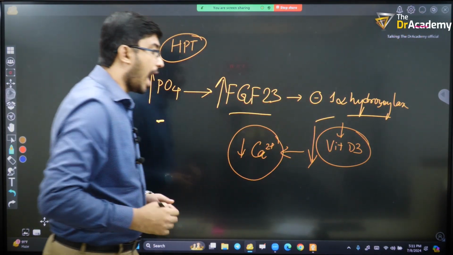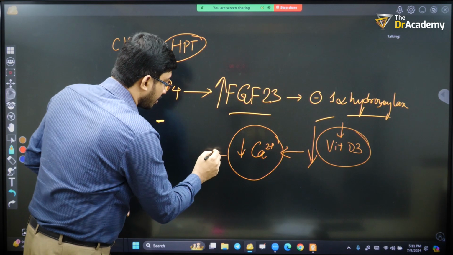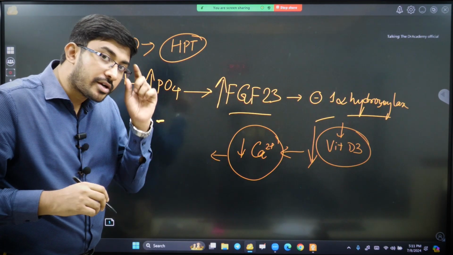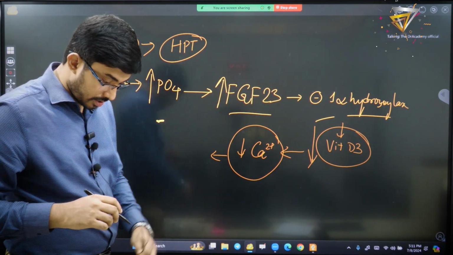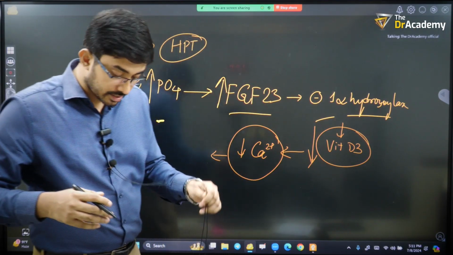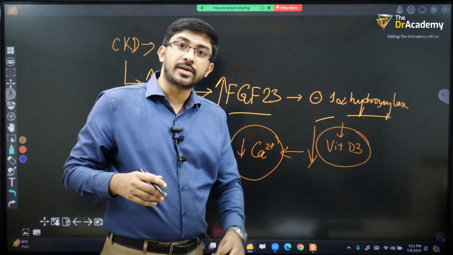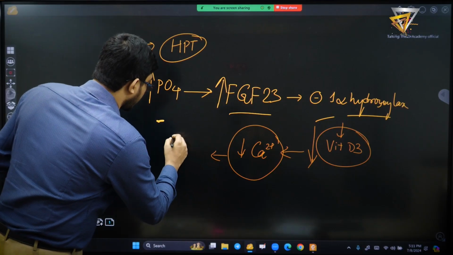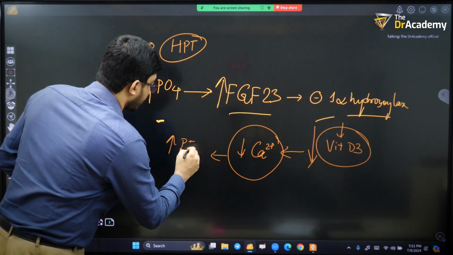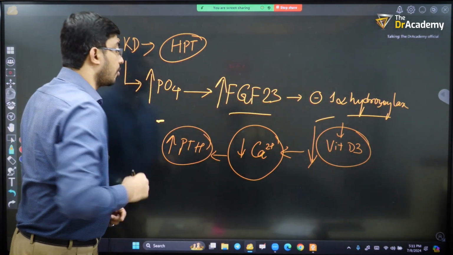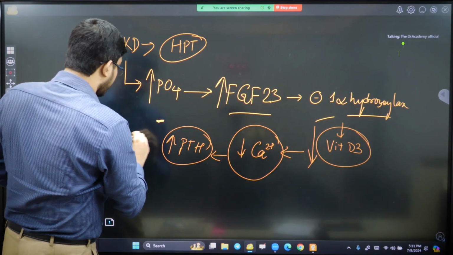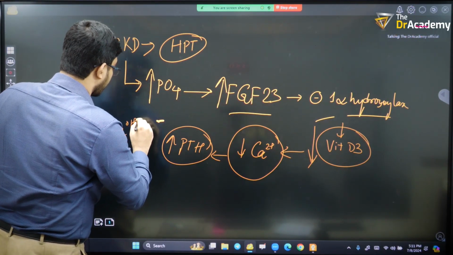So, this hypocalcemia sends signal to the parathyroid gland that there is lack of calcium in the blood. Please do something to elevate the calcium level. And parathyroid gland causes increased secretion of parathyroid hormone. This is called hyperparathyroidism, and this is secondary hyperparathyroidism.